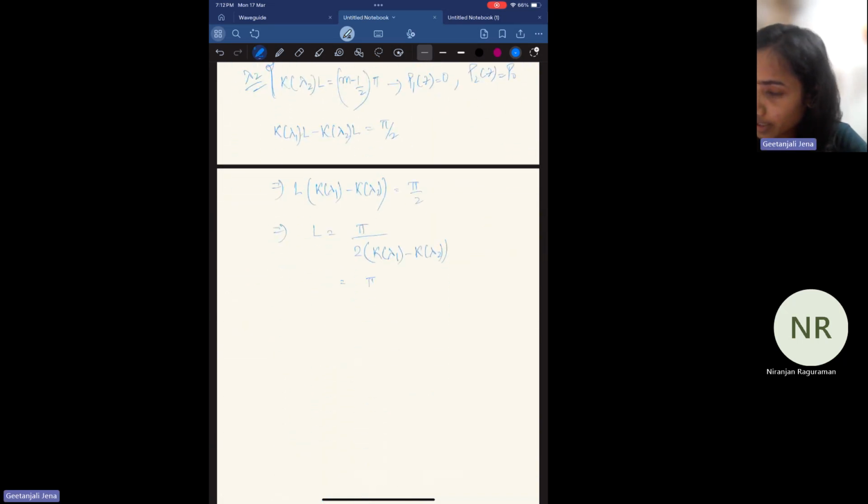So this is pi by 2 times (0.7 minus 0.35), which will come around 4.48 millimeter. At this interaction length, we will have lambda 1 coming out through port 1 and lambda 2 coming out through port 2. So we can separate out the two wavelengths.